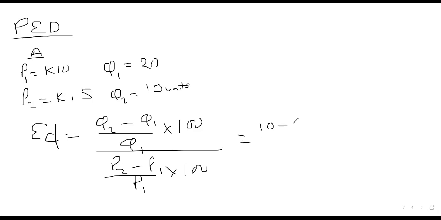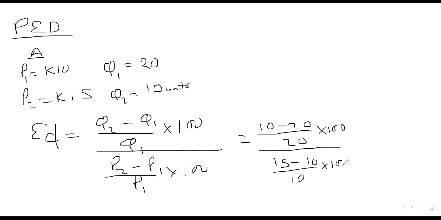Q2 is 10, so 10 minus 20 over 20 times 100. Then 15 minus 10 over 10 times 100. On top, 20 from 10 is negative 10, and negative 10 over 20 is negative 0.5, which is negative 50%.